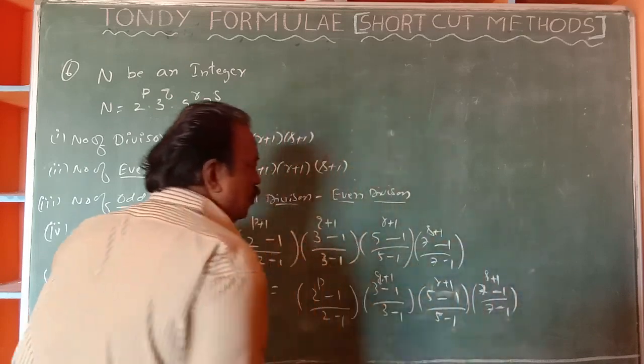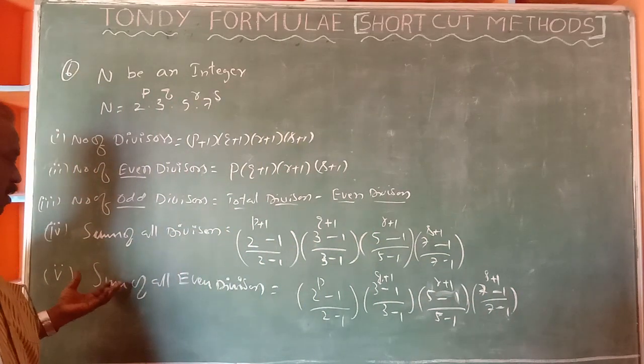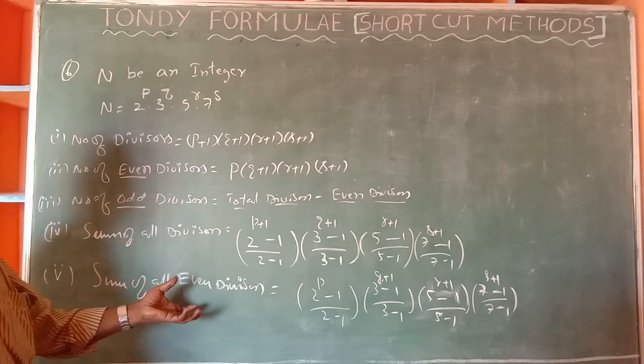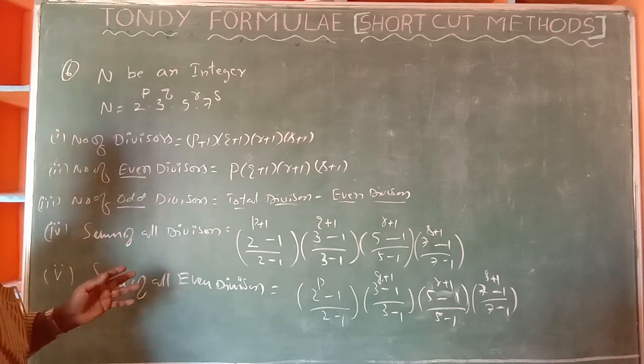Like this it goes on. If we are asked the sum of odd divisors, then total minus even. In this manner you can solve it.